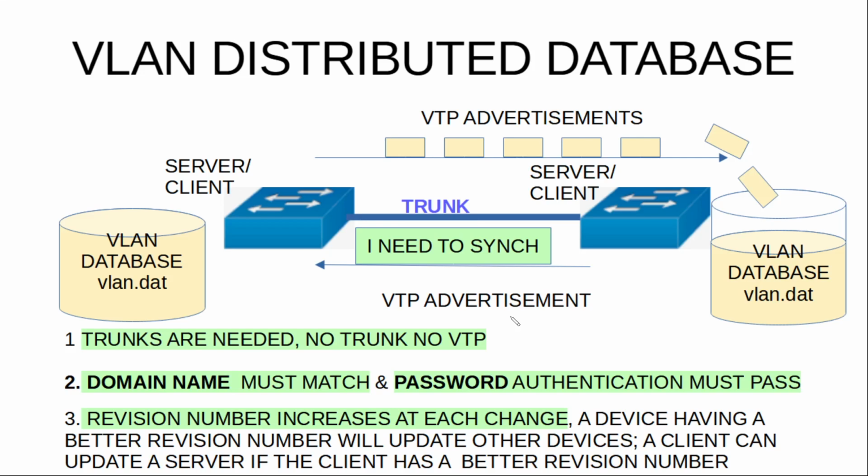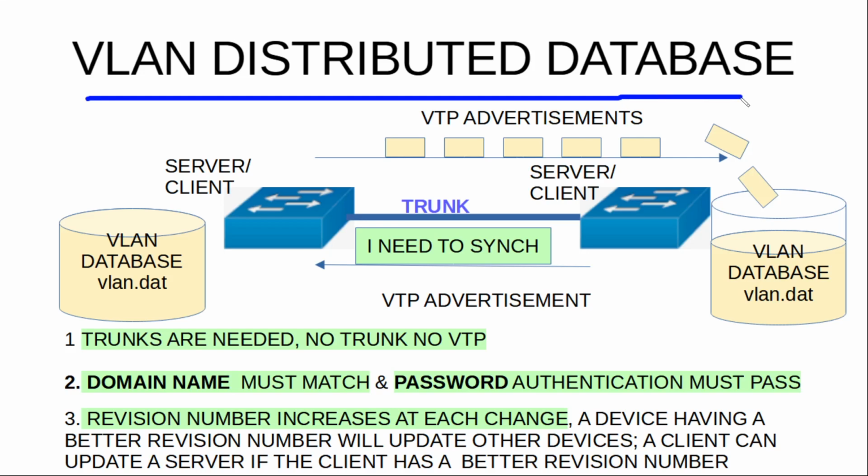Let's first talk about how VTP distributes and synchronizes VLAN databases. First of all, VTP works with a file that is known as the VLAN.dat file. It is in your switch, and it is where your VTP VLAN database lives. Your VLAN database has something that is known as the revision number.